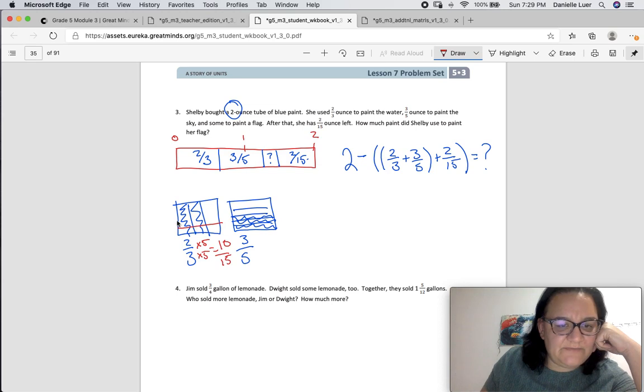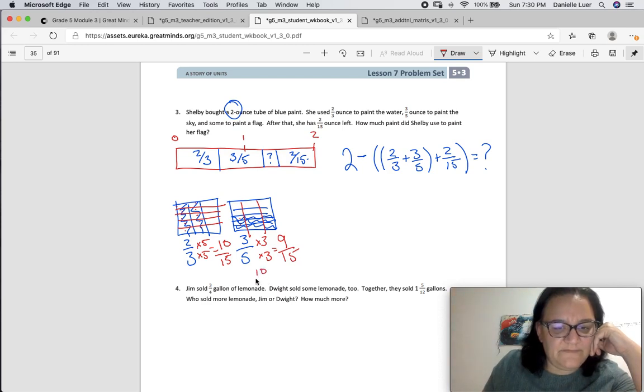So I should be left with 1 2 3 4 5 6 7 8 9 10/15, and here I should have 1 2 3. I'm going to multiply that by, let me just show you what I'm doing first. I'm multiplying by 3. So I should have 1 2 3 4 5 6 7 8 9 out of 15.